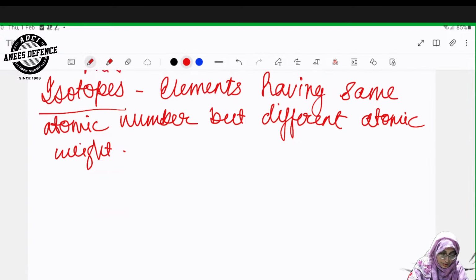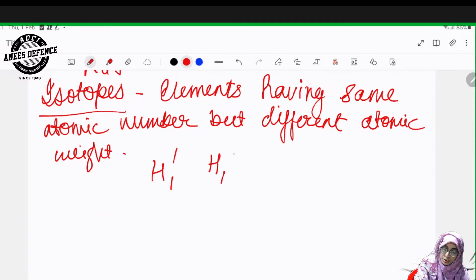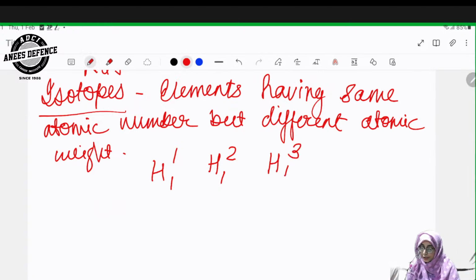So what happened here? Mendeleev arranged the table on the basis of atomic weight, but there are some isotopes. Isotopes means elements having the same atomic number but different atomic weight. For example, hydrogen: atomic number 1, atomic weight 1, and the next isotope atomic number 1, atomic weight 2, and then 1, 3. All are hydrogen, atomic numbers are the same, but different atomic weight.